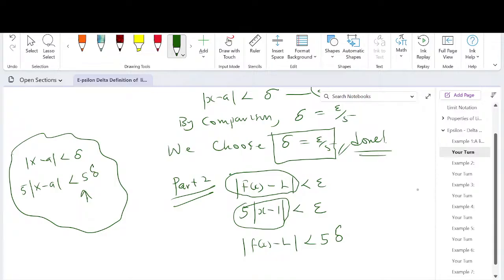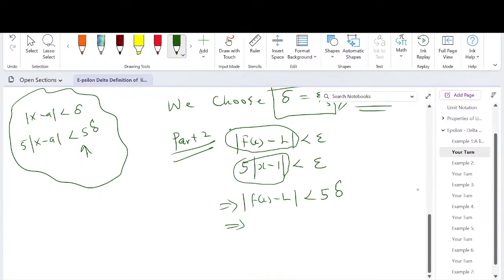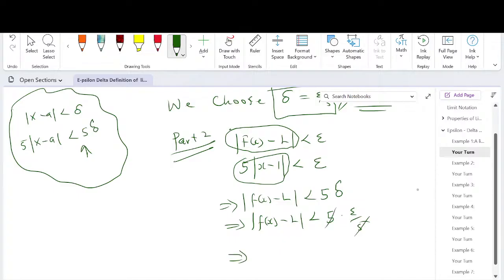So it implies that the absolute value of f of x minus 5 is less than 5 times epsilon over 5. This is something good, and we are showing that the absolute value of f of x minus 5 is less than epsilon. So it is a must.